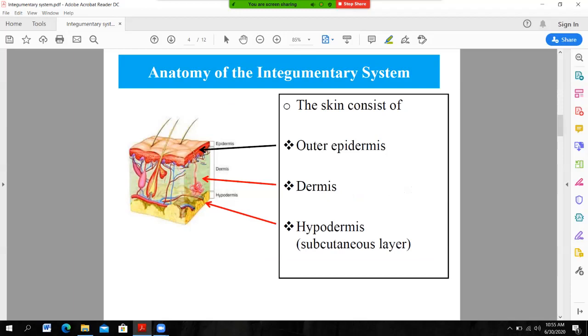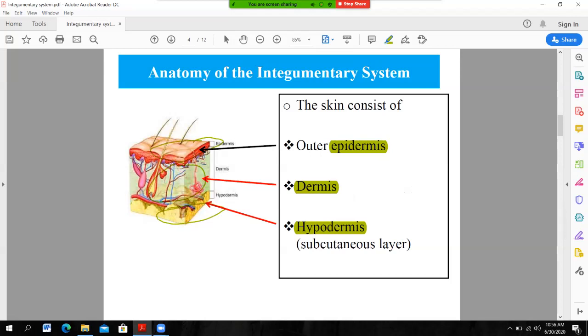As far as the anatomy of the integumentary system is concerned, the skin consists of three important layers: the epidermis, the dermis, and the hypodermis. So these are the three layers which are found in the skin. The epidermis is the top layer of the skin, and the dermis is the second largest layer, and this is the hypodermis.